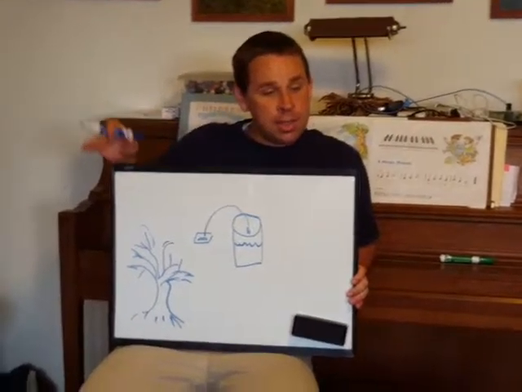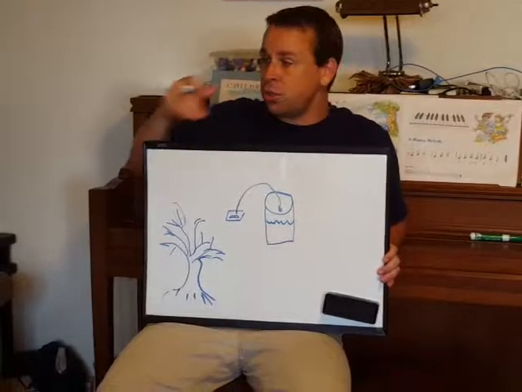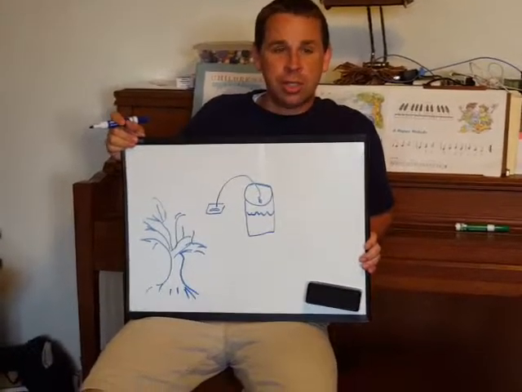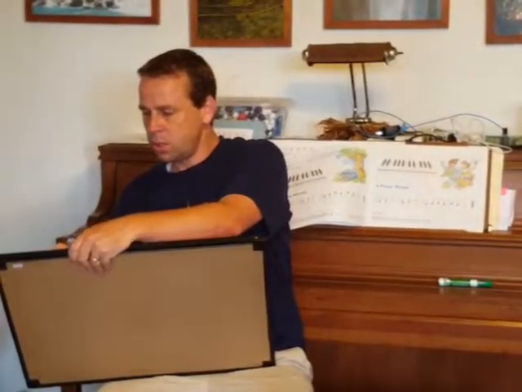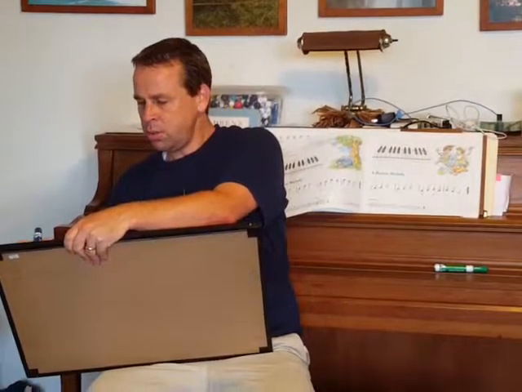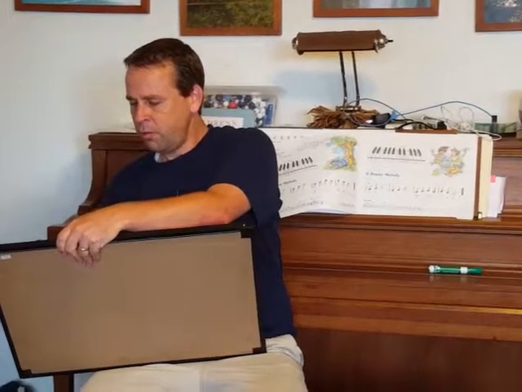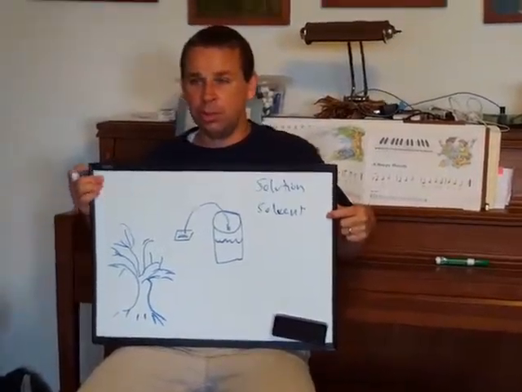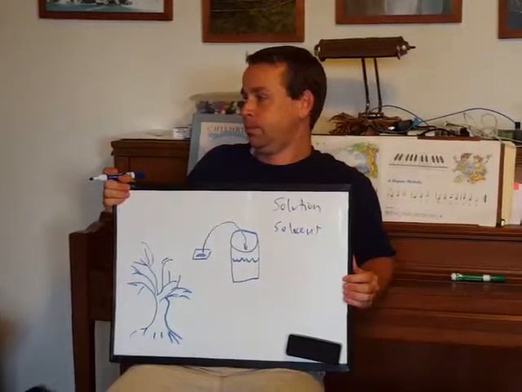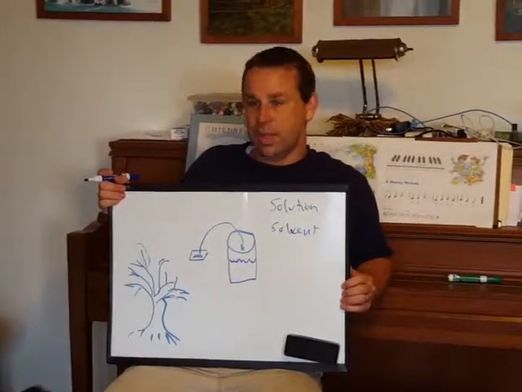Anyway, the point is, these mixtures, we call them solutions. So I want you to begin to remember these words. Solution, solvent, and soluble. Soluble means what? It's able to dissolve.